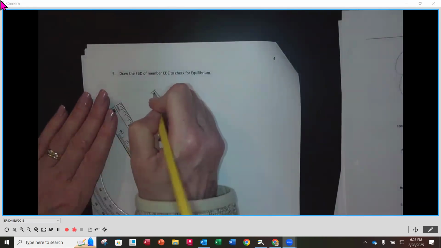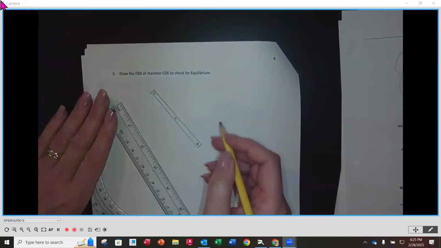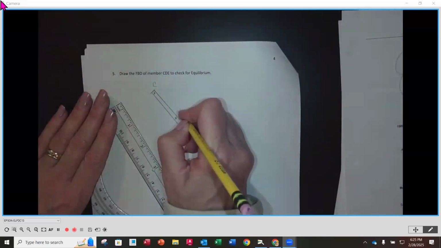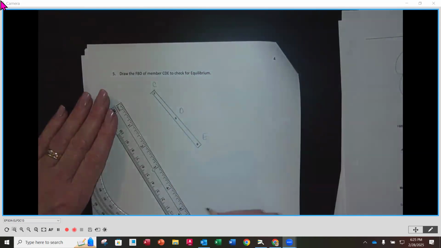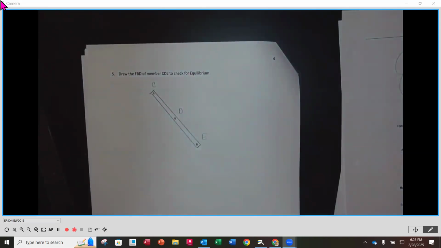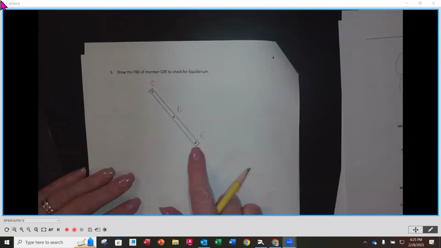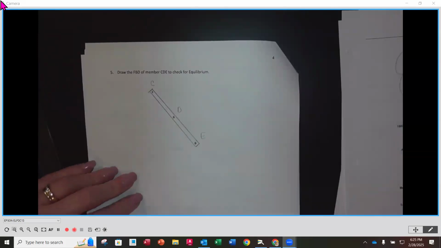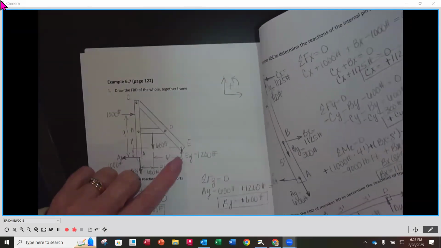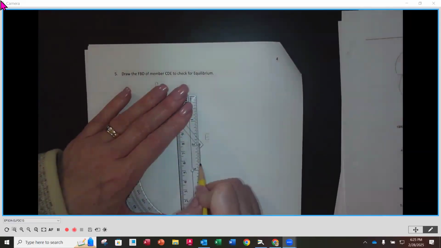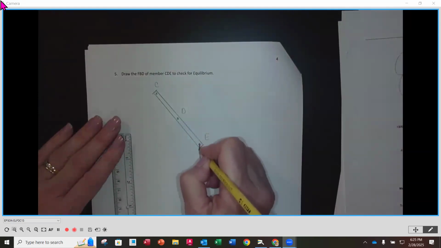So up here is going to be C, here is D, and here is E. Now, E, remember, was a support of the whole frame member. So the reaction at the support as a whole is going to remain in the same direction. So EY was 1,200 pounds going up. It's just like any other applied load.